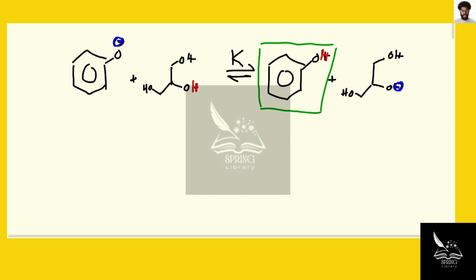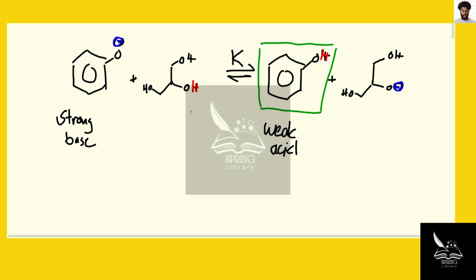Okay, so they're saying that this is the weakest acid, right? The phenol is a weak acid. Recall what that means. If something's a weak acid, it means it's less likely to give up its proton. Another way of saying that is that its conjugate base is a strong base. So let's say strong base, weak acid.